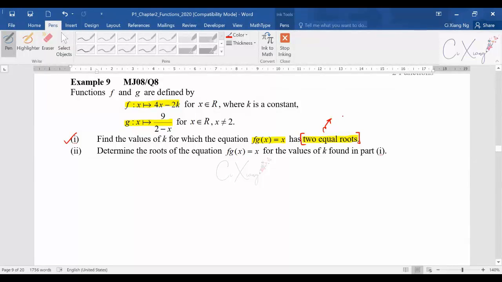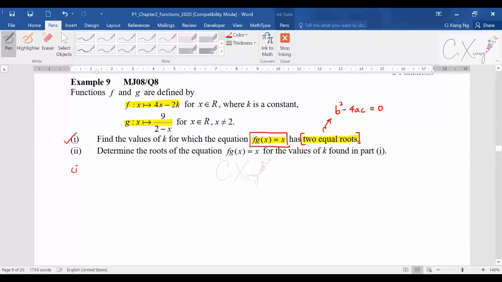If you want, you can look back to chapter 1 and find where you saw the phrase 2 equal roots. Generally when you're having 2 equal roots, you have to use the equation b squared minus 4ac equals 0. But before that, you have to find fg(x) equals x first. So you need to start from this part first.